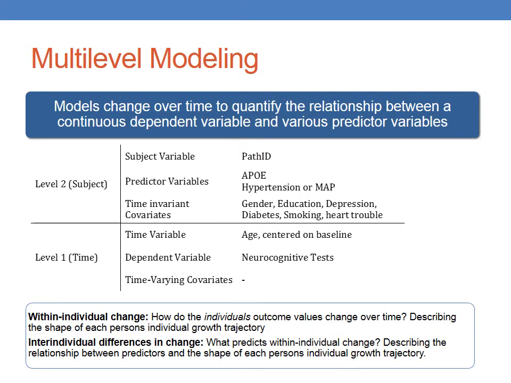So altogether, this is going to allow us to investigate the within individual change, so how individual outcome values change over time. This is describing the relationship of each person's individual growth trajectory. Then we can also look at the individual differences in change. So what predicts within individual change, and this describes the relationship between the predictors and the shape of each person's individual growth trajectory.